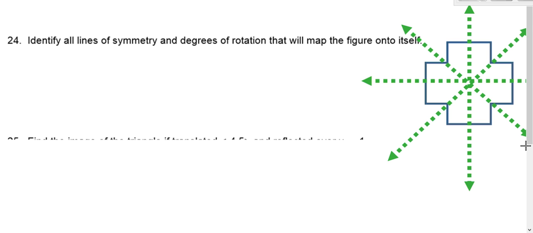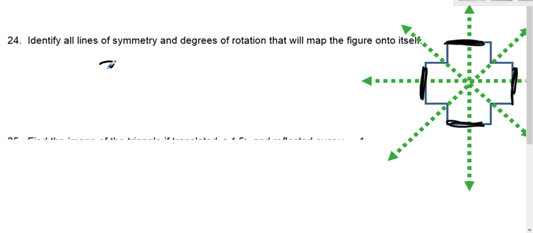We have 4 lines of symmetry. And then to figure out the degree of rotation, we can rotate it around so that it matches up. The top side could rotate to here, here, or here. So that's 4 different positions where it would match up.